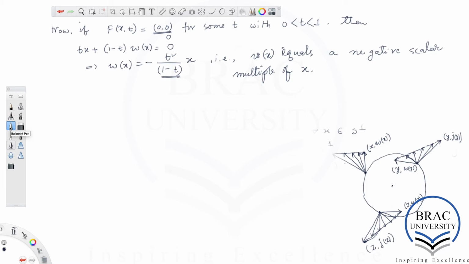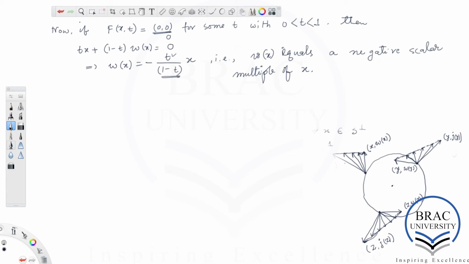It geometrically means that w of x points directly inward at x belonging to S1, because the outward direction is designated by the positive sign.